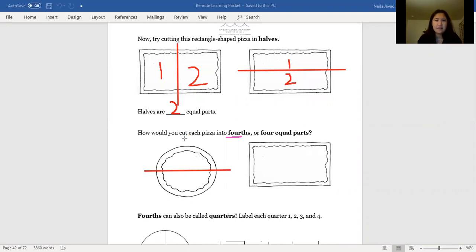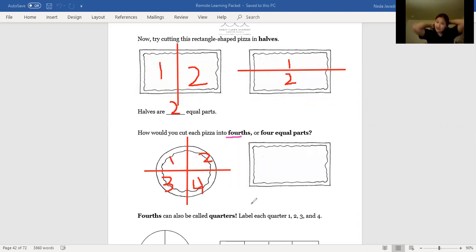I can make that a little bit better. Now, let's label the 4 equal parts. I have 1, 2, 3, 4. Give yourself a pat on the back if your pizza looks something like my pizza.